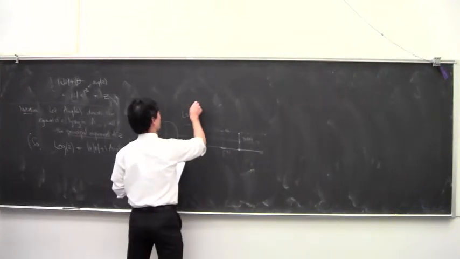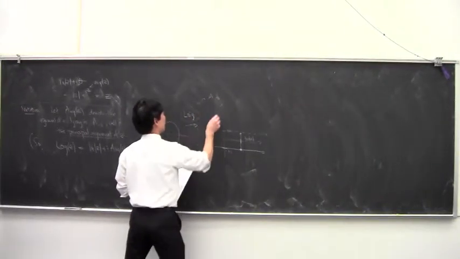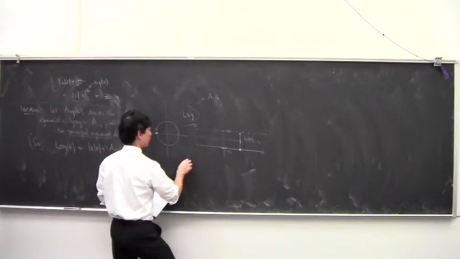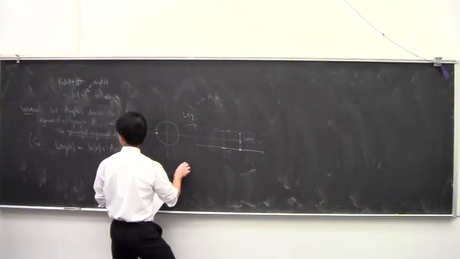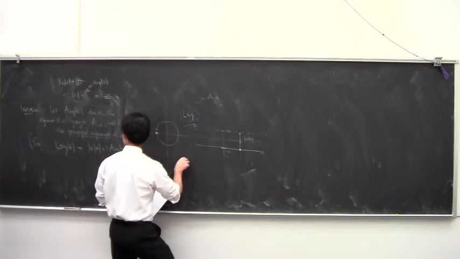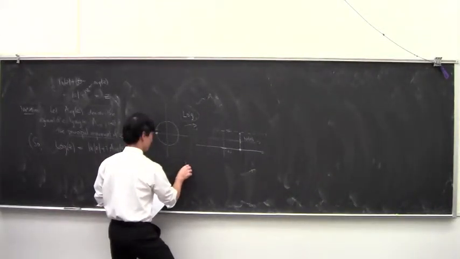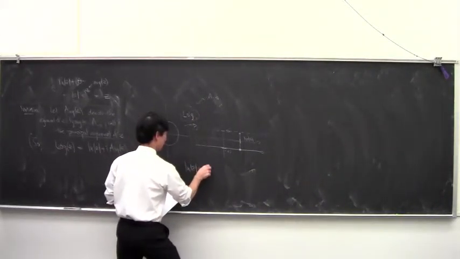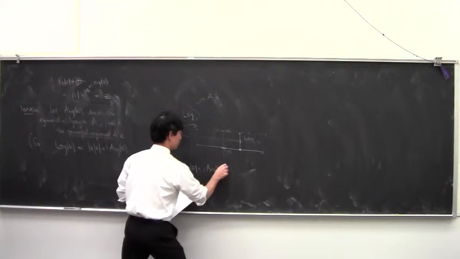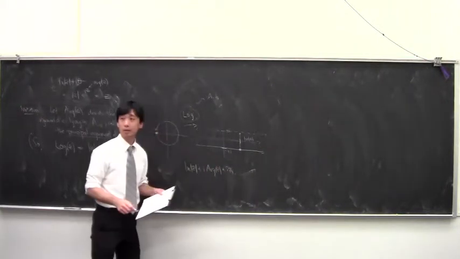Right? So the log corresponds to negative pi. What happens is that of course you're ending up with this, plus i r of z plus 2 pi i, right?